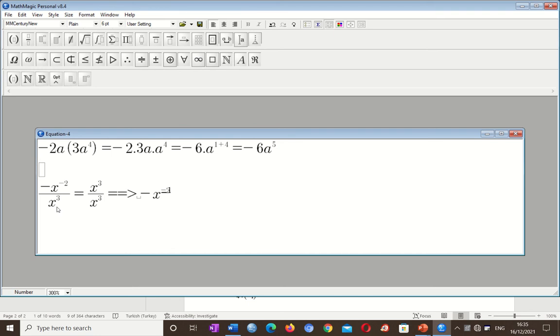We are dividing, therefore we are writing minus 3, and that's equal to 1. So this is minus x to the power minus 5 is equal to 1. Why is it that this equals 1? Because x to the power 3 over x to the power 3 cancels and that's 1. Because they are the same. 2 over 2 is 1, 3 over 3 is 1.